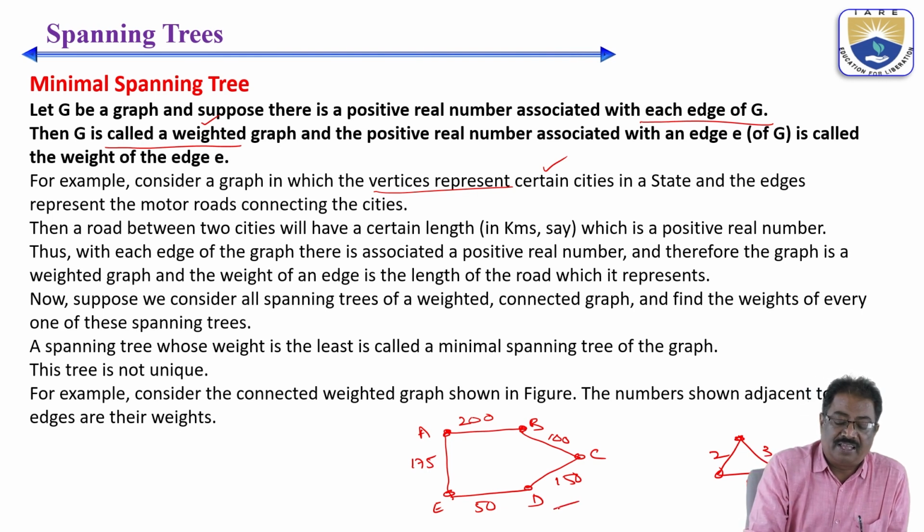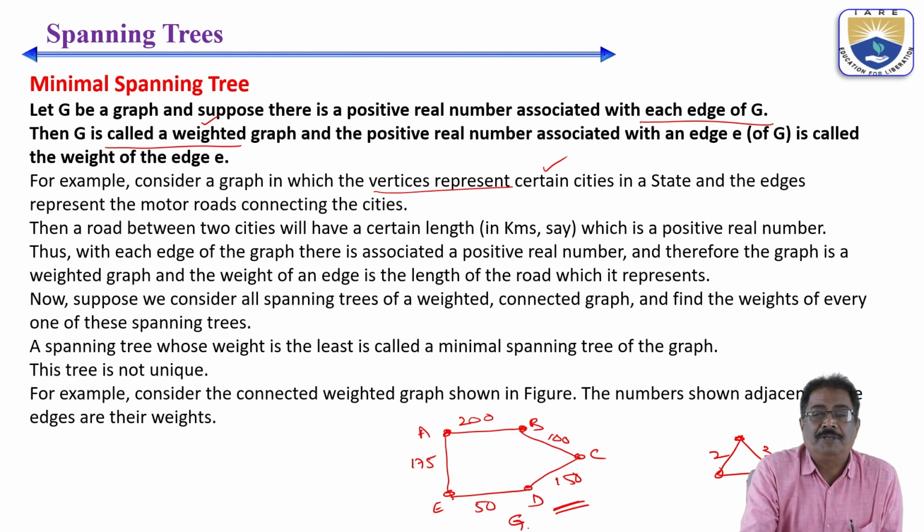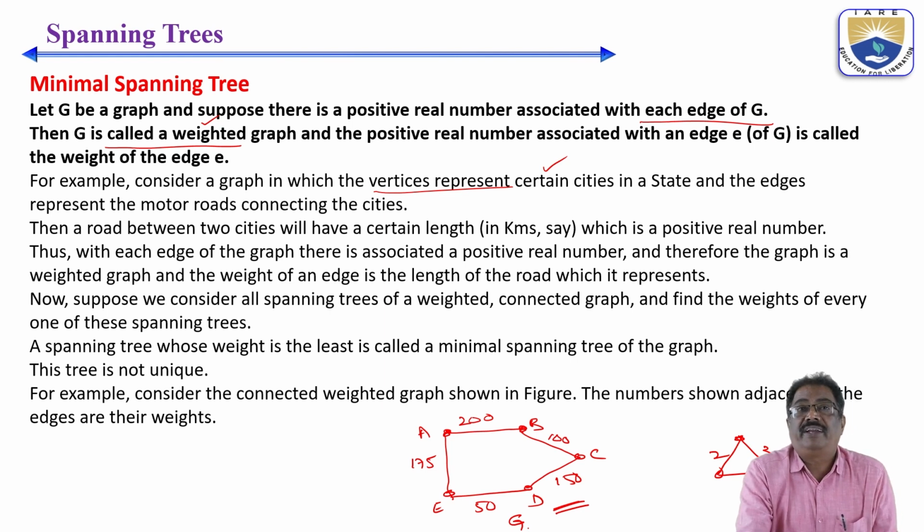Then we call this a weighted graph. This is a weighted graph. So if all edges have a weight, such a graph is known as a weighted graph.